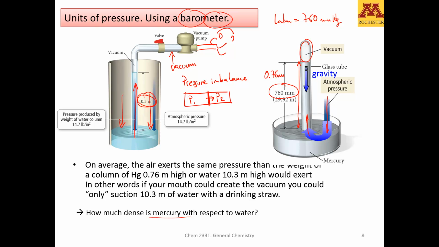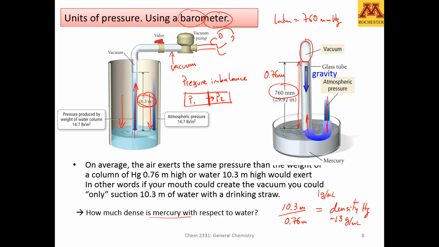Well, this distance, the 10.3 meters of the column of water that atmospheric pressure can raise, divided by the 0.76 meters, the height of the mercury column that atmospheric pressure can raise, will give you the density of mercury. Why is that? Because the density of water, as you probably know, is 1 gram per milliliter, and I believe this is around 13 grams per milliliter.